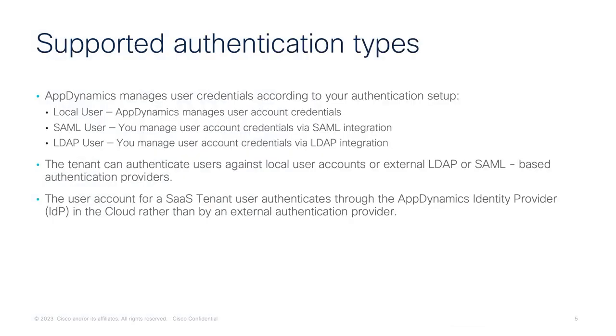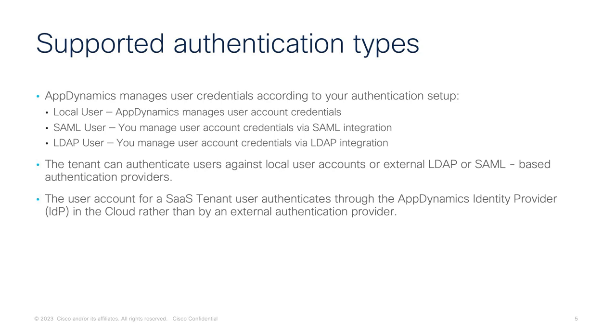AppDynamics has 3 different authentication methods available, which are local user, SAML, and LDAP. Local users can authenticate through AppDynamics IDP for SaaS deployment. With SAML, the users can authenticate through their own IDP using the SAML 2.0 protocol. With LDAP, the users can authenticate through their own IDP.